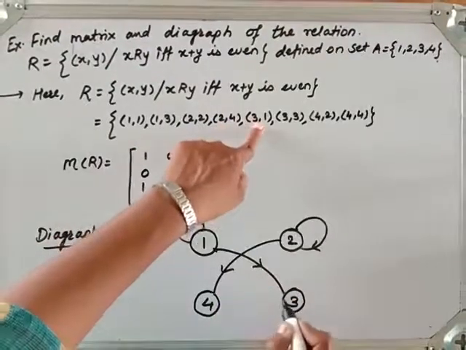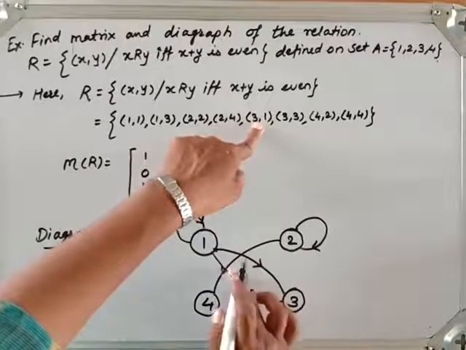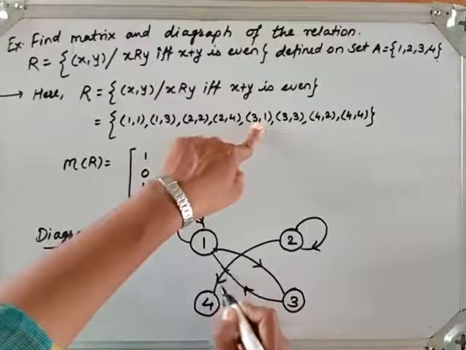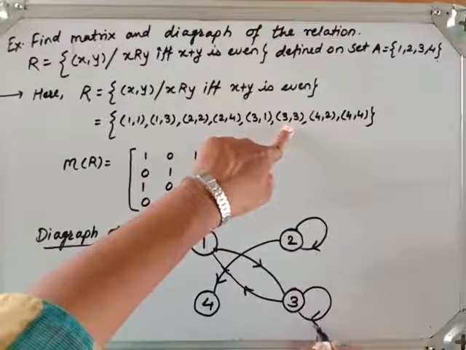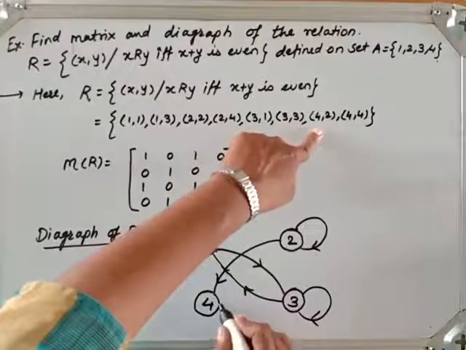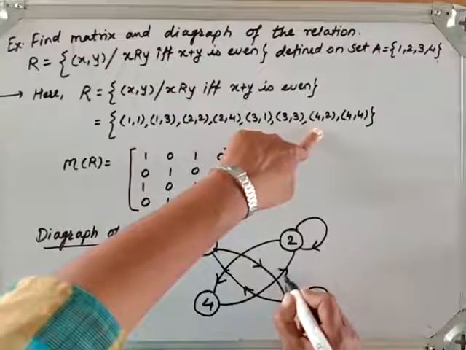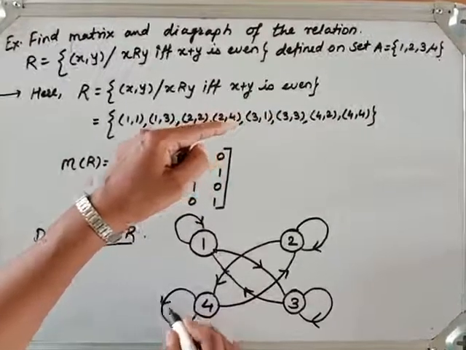Now 3 is related to 1. That's why I did it as such. 3 is related to 1. Fine. Now 3 is related to 3 also. So there is a loop on it. 4 is related to 2. So there must be as such. 4 is related to 4. So there is a loop on it.